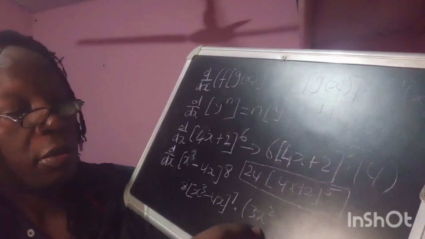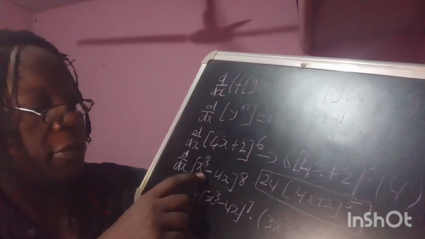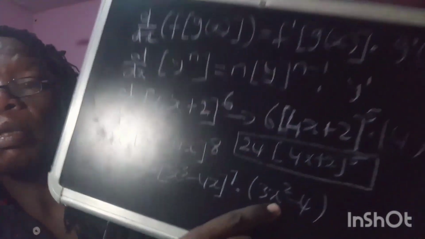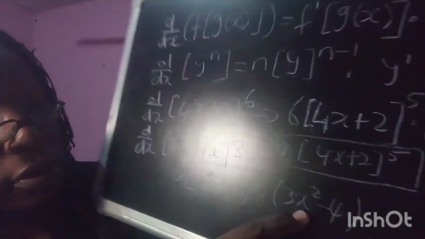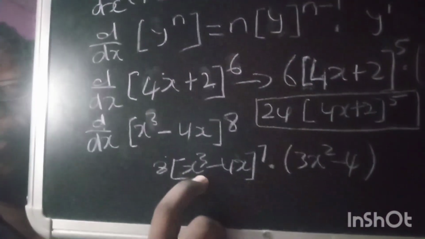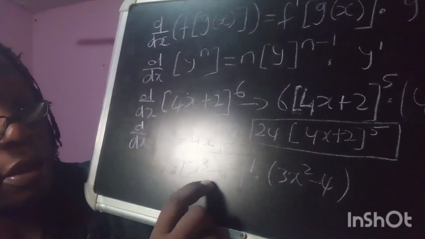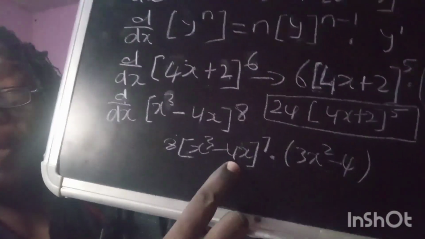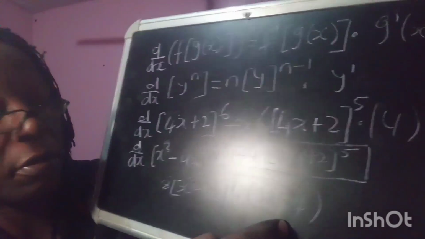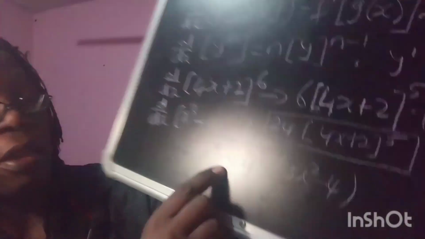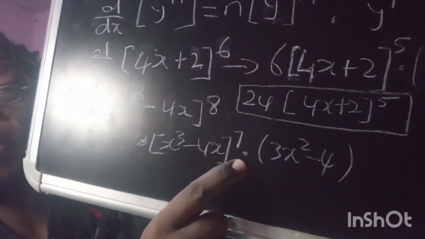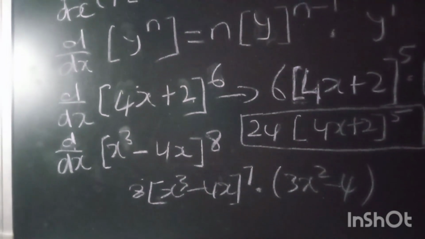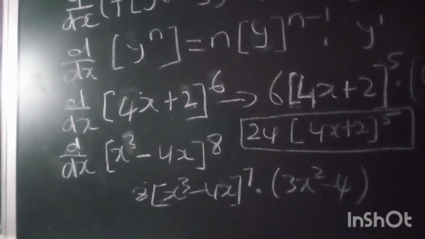Now we differentiated the inside value, then it becomes this one, because 3 comes in front here, and then 4x, x disappears, we just have only 4, and then this is the answer. I hope you follow that. According to power rule, then we differentiate.